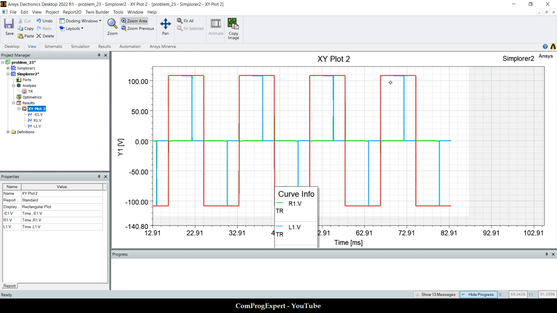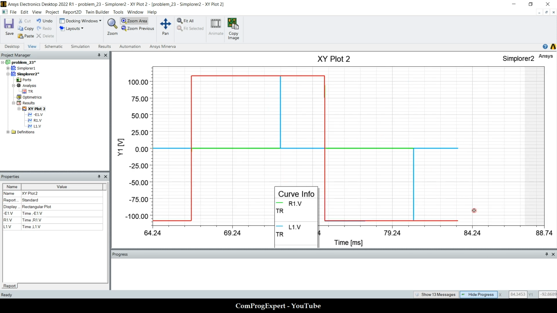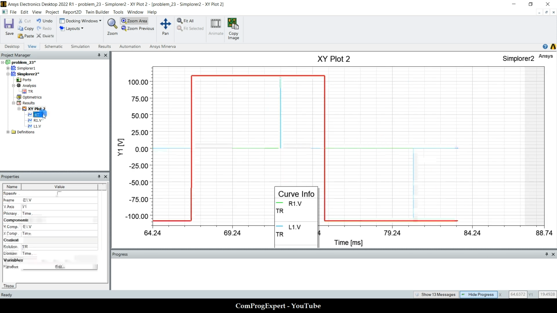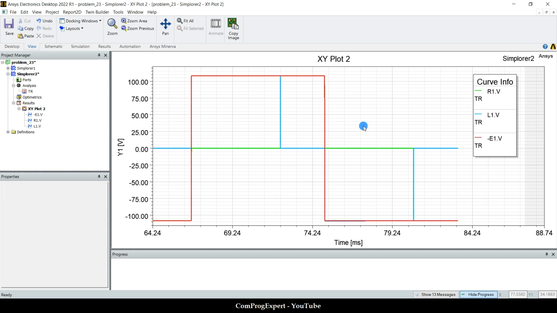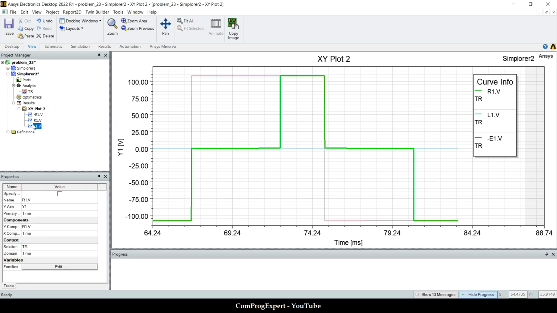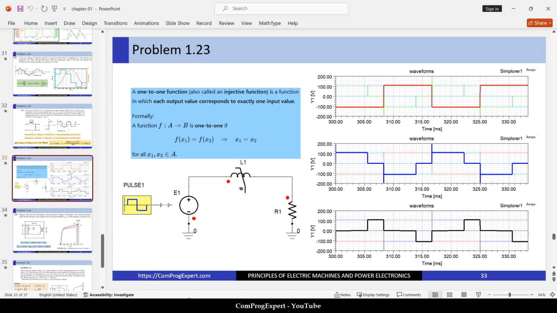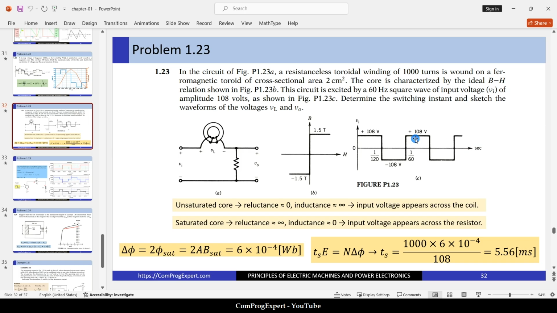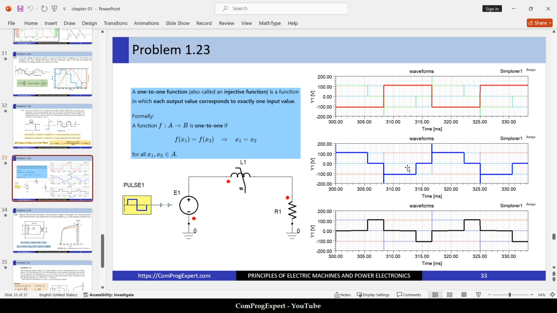So here let's zoom. In this case, this is the input voltage, inductor, and the resistor waveforms. So you can see how powerful the ANSYS Simplorer software is, right? We can model these complex BH curves for materials and calculate these graphs.